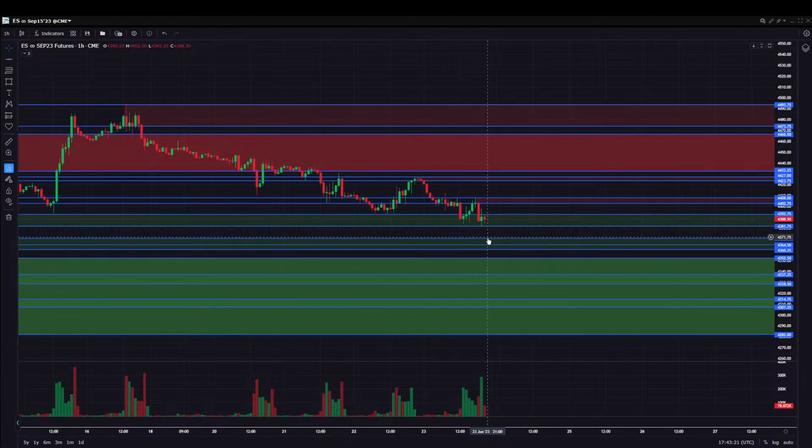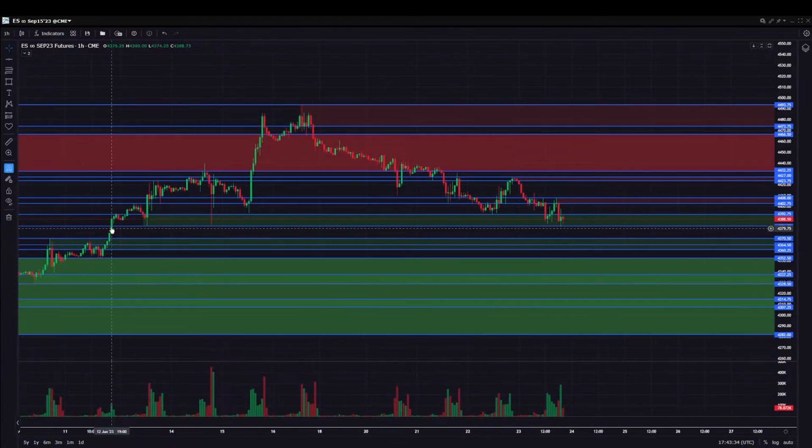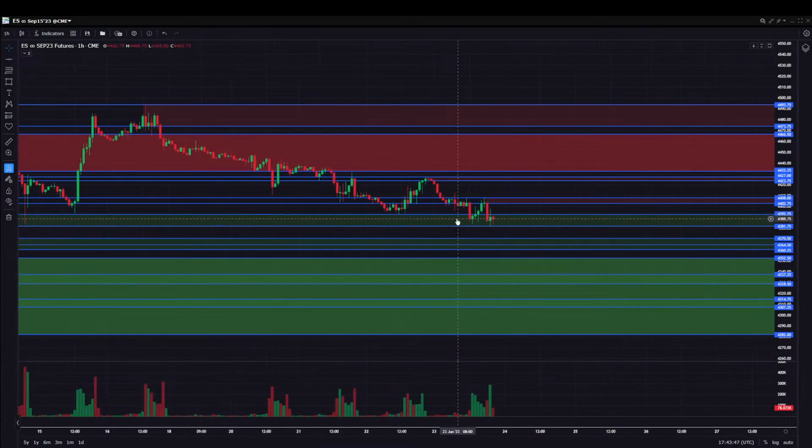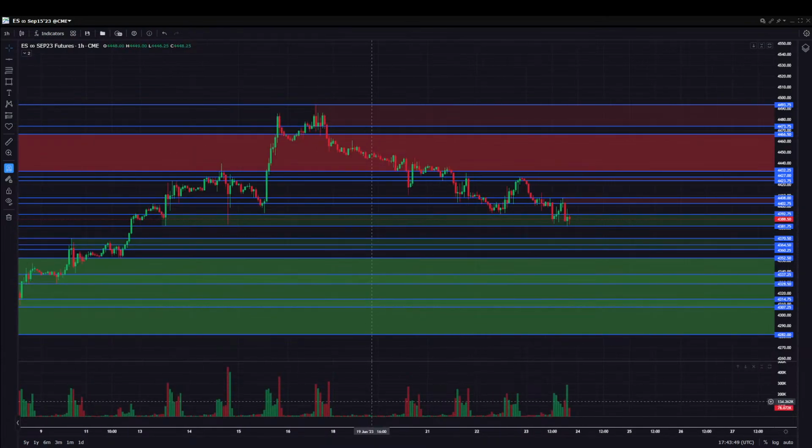We retraced it, rejected it. So if we break down here, I do expect this area to get retraced sometime in the week. If they don't get retraced right away, eventually they do. As you can see here, all these breaks up, we haven't retraced until now. Well, this area we've retraced. It's the lower areas that haven't retraced since we broke out. So I'll be watching that, and that's for ES.